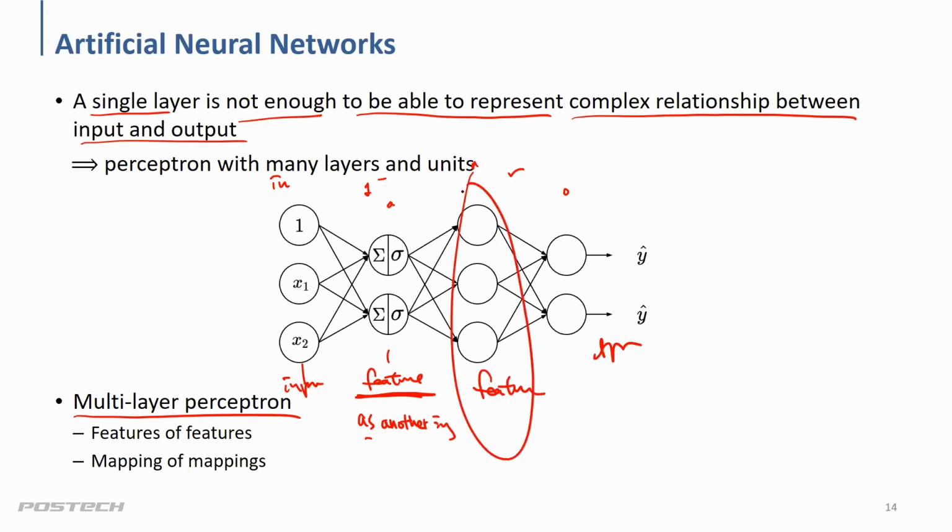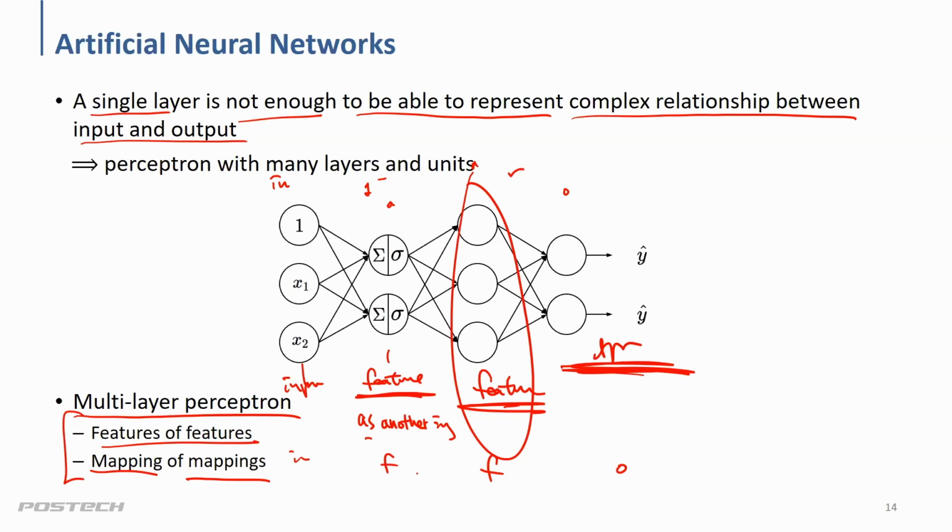This one is another set of features, and the outputs will do something on these features. So we call this features of features. So we have inputs and features and features and outputs. Or we can think of it as nonlinear mappings of nonlinear mappings. That's how we interpret the artificial neural net.